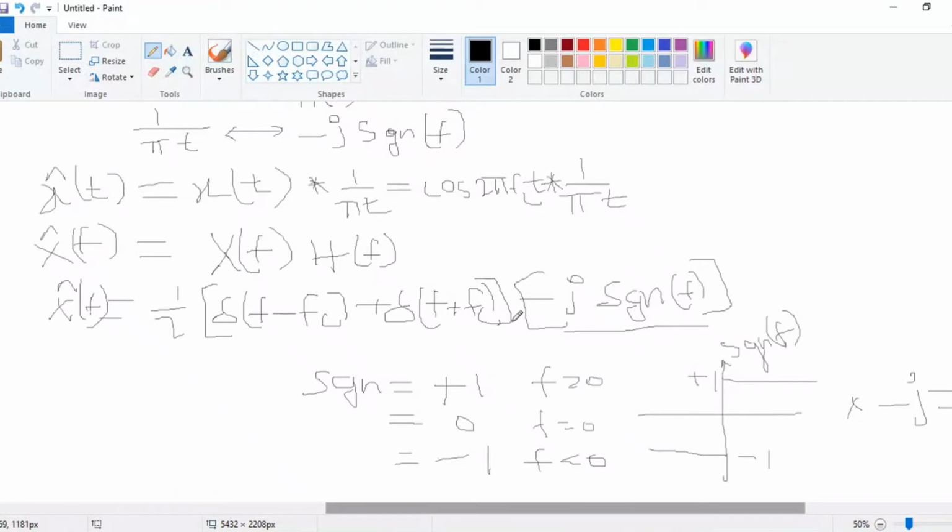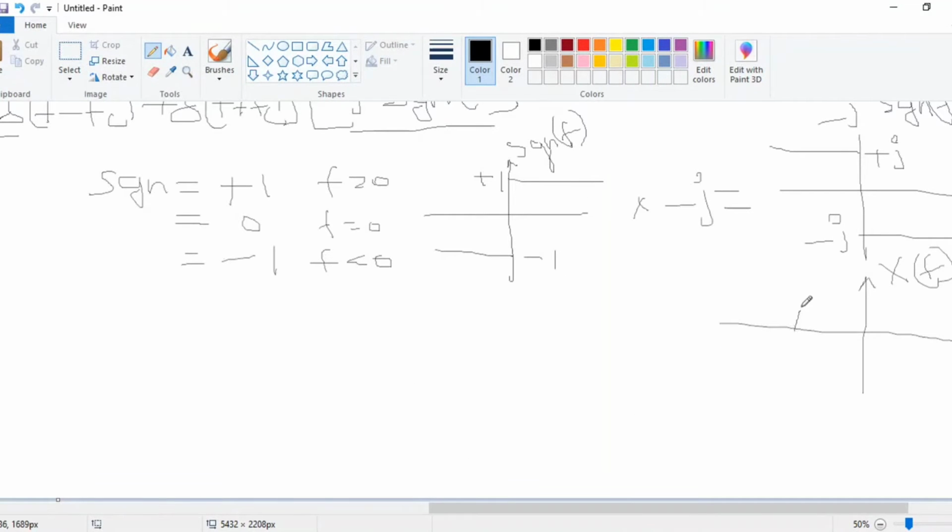If you want to represent its spectrum, you will have an impulse function at minus fc and a delta function at plus fc, with the amplitude equal to half.